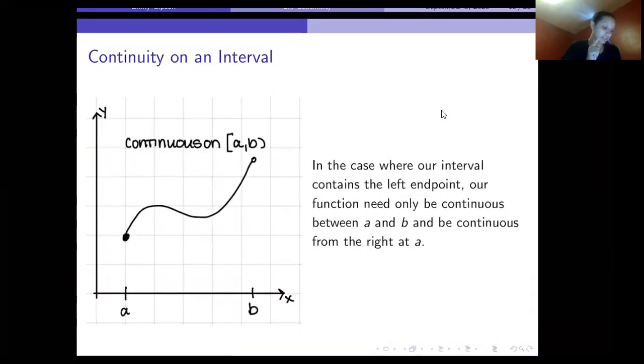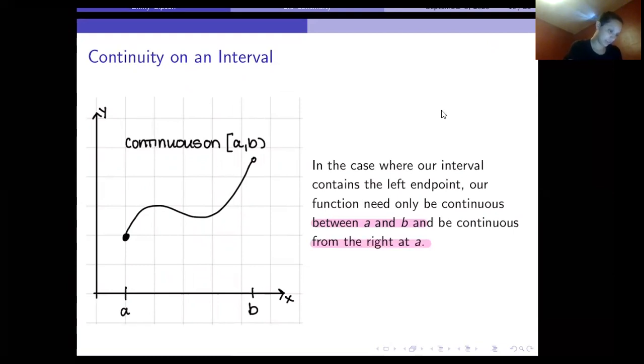Now, this is continuous on inclusive a. In the case where our interval contains the left endpoint, our function needs to be continuous between a and b, and from the right at a.